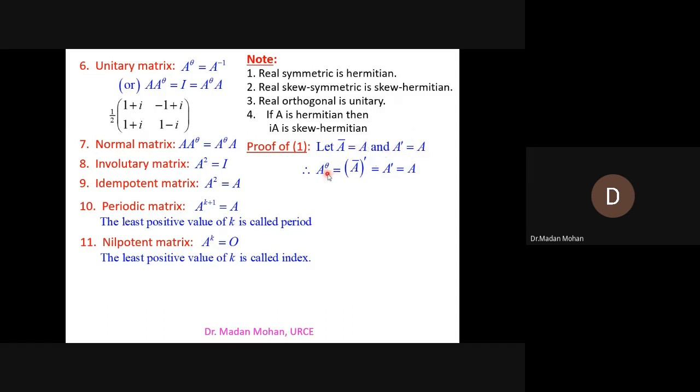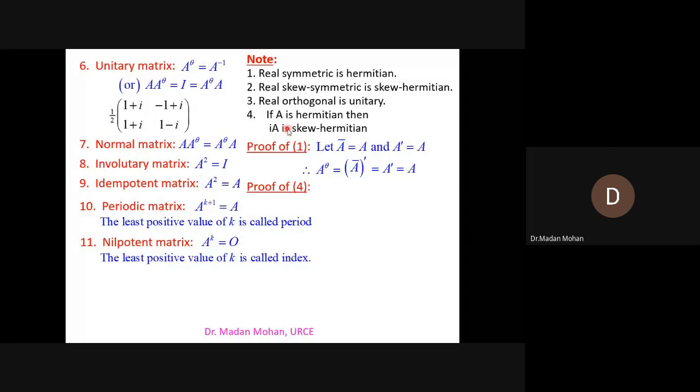I showed A^θ equals A, which means A is Hermitian. So real symmetric is Hermitian. Similarly, you can prove real skew symmetric is skew Hermitian, and real orthogonal is unitary. Next is the proof of 4, which I am showing to you.